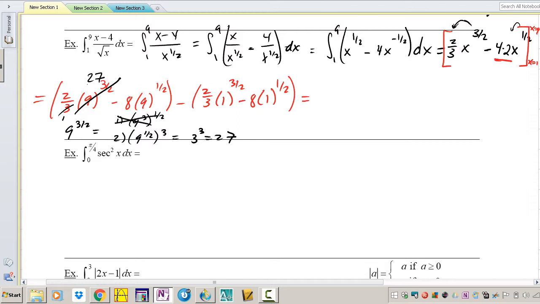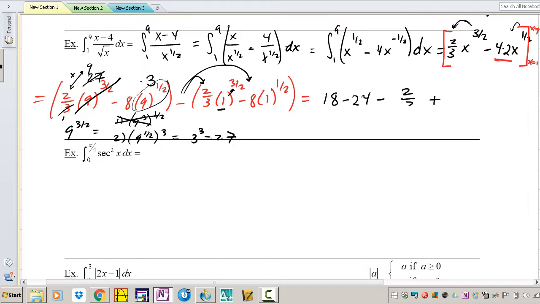3 goes into 27 9 times. 2 times 9 is 18. So the first one is 18. And again, what is 9 to the half? That becomes 3 times the 8, minus 24, and then plus, I'm distributing already so I don't get confused, it's going to be minus and a plus. Any number 1 raised to any power is always 1.